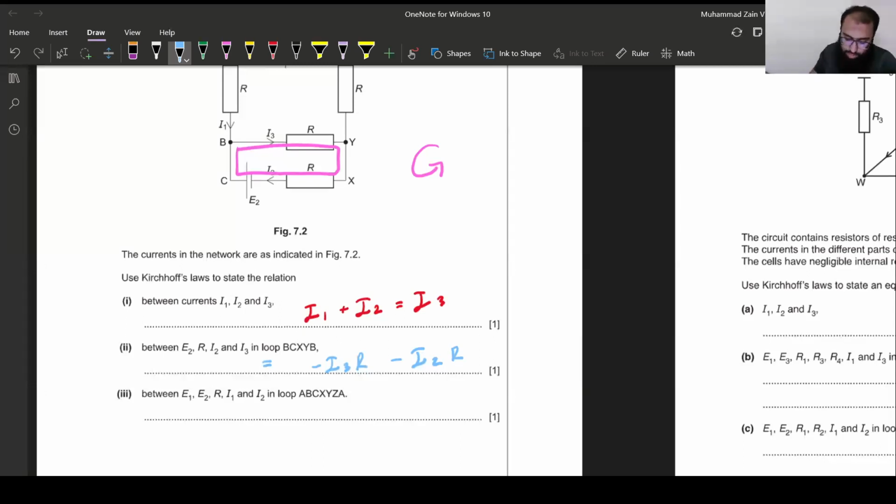And then I need to talk about the EMFs. And the thing about EMF is obviously the EMF is E2. But what do I do with the sign of EMF? That's something very important. How do I identify what would be the sign of this EMF?